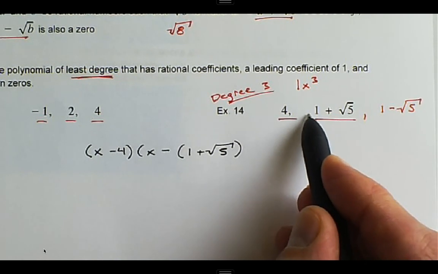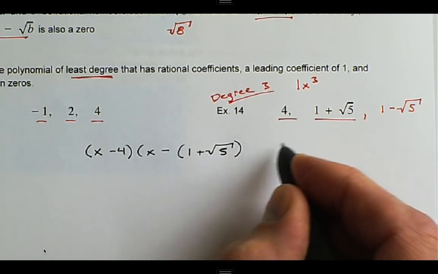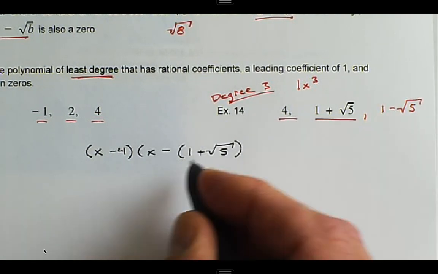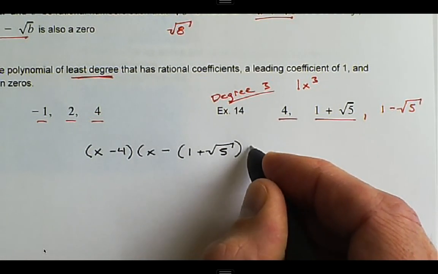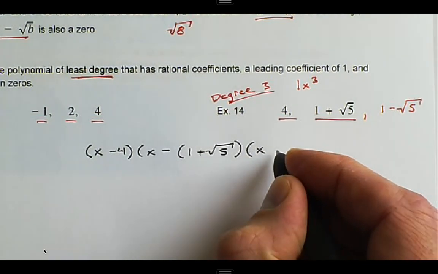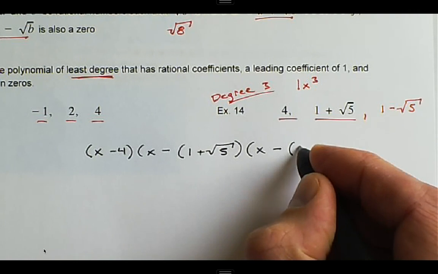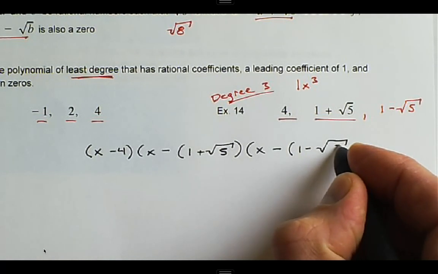Because we don't want to subtract just the 1, we need to subtract the entire thing. That's our second binomial. And our third 0 would be x, still minus, but this time we're going to have 1 minus the square root of 5.